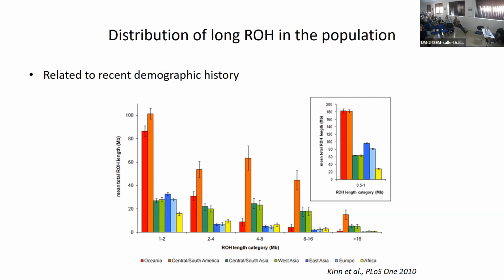So that population has the most ancient inbreeding, but not the most recent, and it's related to a founder event in Oceania when the population arrived there. Now the orange population have a lot of recent inbreeding too. These are Indian communities in South or Central America where they have some consanguineous matings.